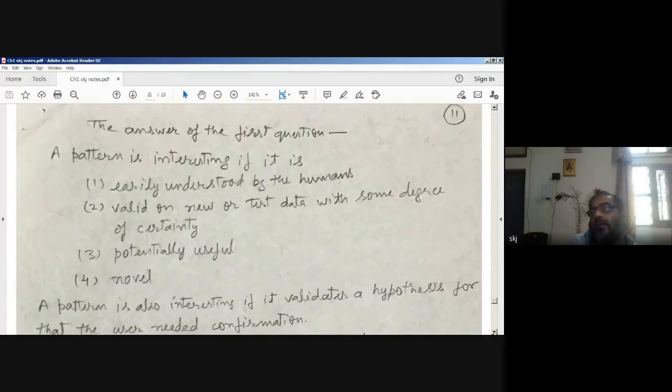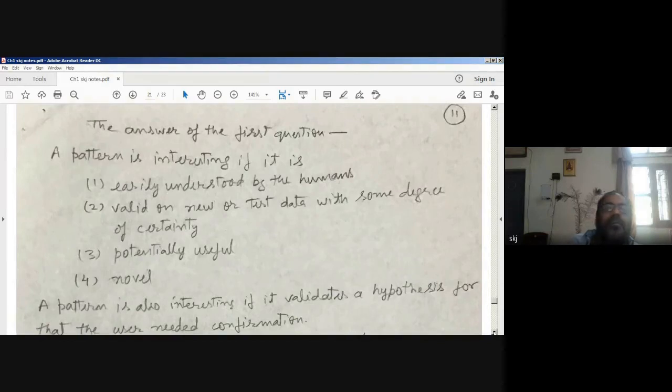So the purpose is that if something is easy to understand, easily absorbed by humans, it will encourage them to go ahead in understanding that thing. It provides an encouraging environment.